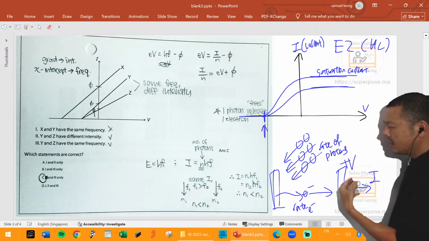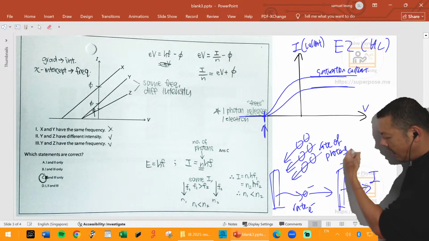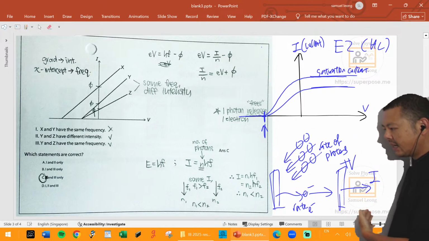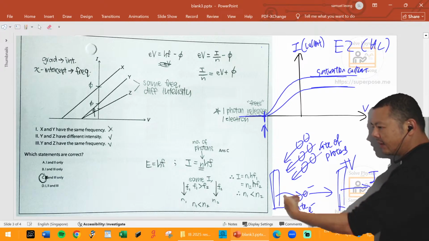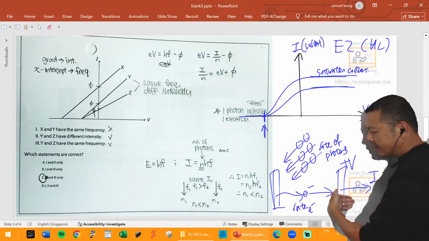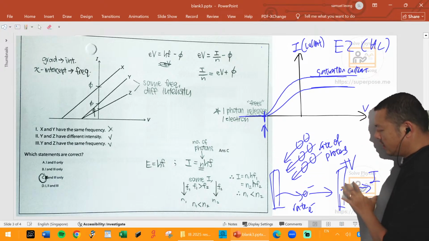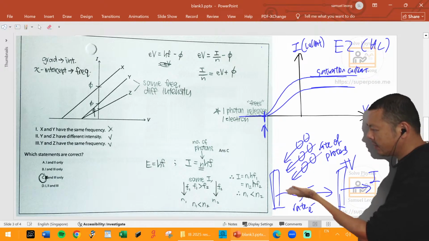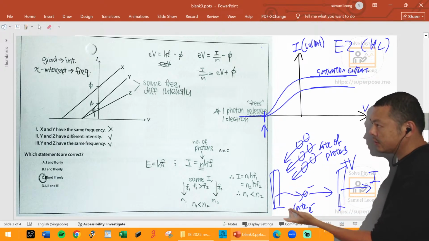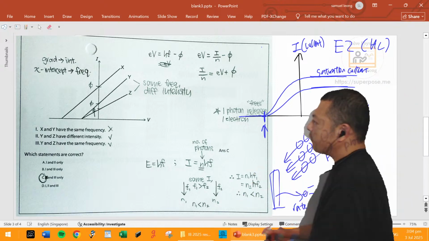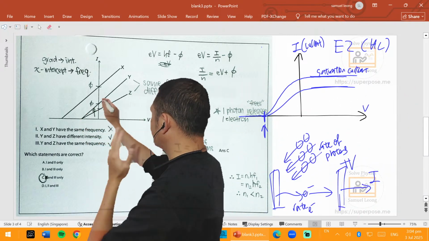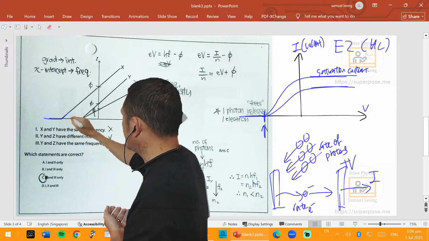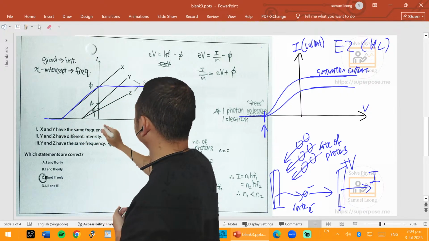No matter how positive you make this plate, you should not see an increase in current after that, because you already maxed out the rate of electrons flying over, and that is due to the rate of photons. A more positive plate doesn't make more photons come down. So technically speaking, if they had drawn this as a straight line, that's one of the key mistakes the teachers made: they should have drawn it like that.